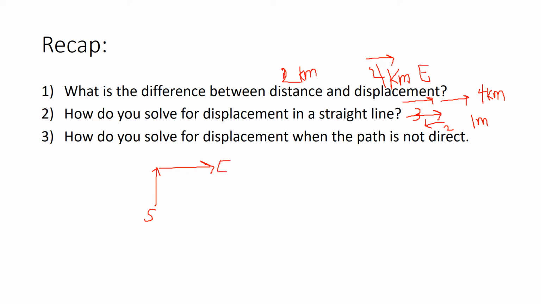If this is our starting point and this is our ending point, our displacement would be from here to here, and that's what we want to know. Say this has a number and this has a number, we want to know this one. That's when we would use a squared plus b squared equals c squared, okay?